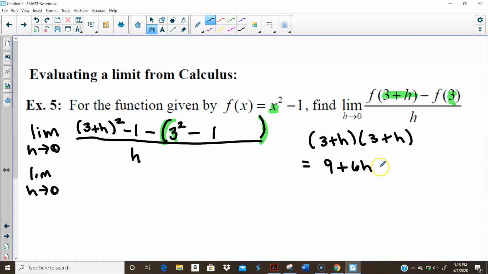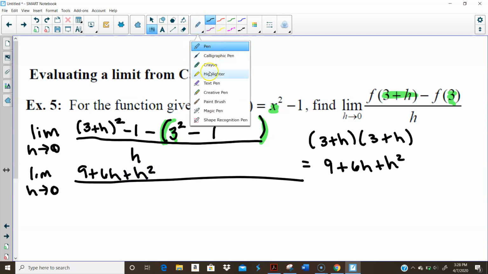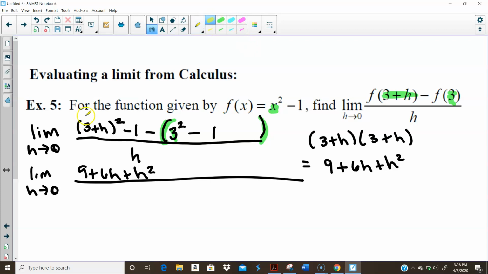And then h times h is h squared. So that's going to be my first part. So I get 9 plus 6h plus h squared. And I'll highlight that for you. So 3 plus h squared is equal to this.